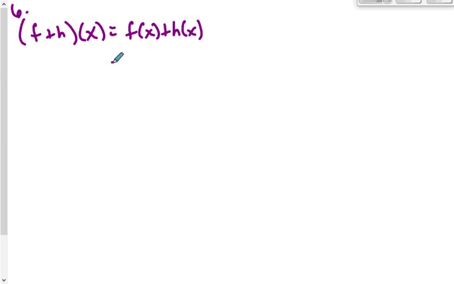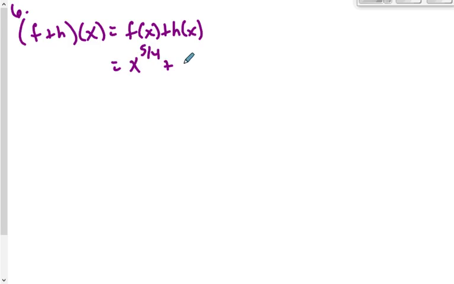We've done 1, 2, 3. Number 4 is f plus h. Which one pairs with number 4? Number 6. So I've got number 6, f plus h of x, f of x plus h of x. So basically the same two functions we just wrote down. F of x is x to the 5 over 4.